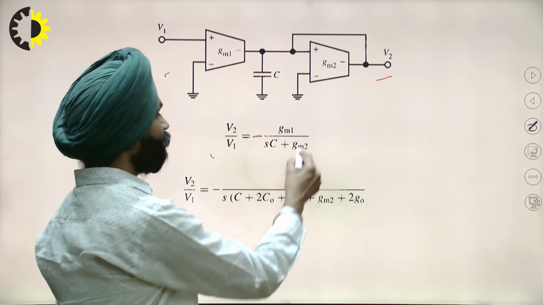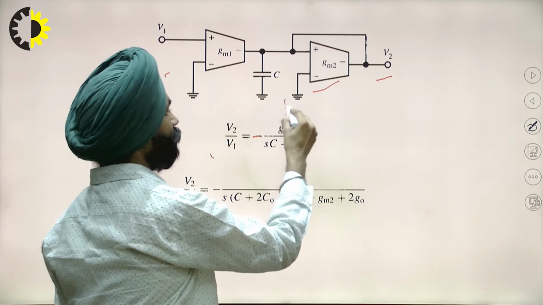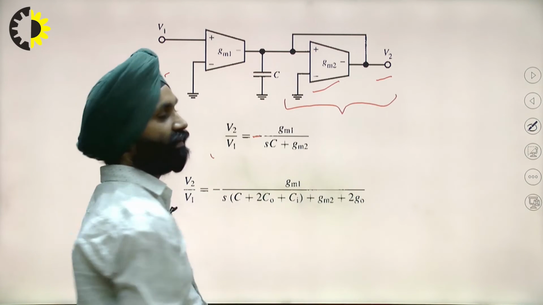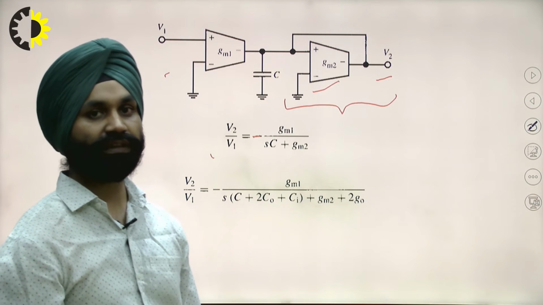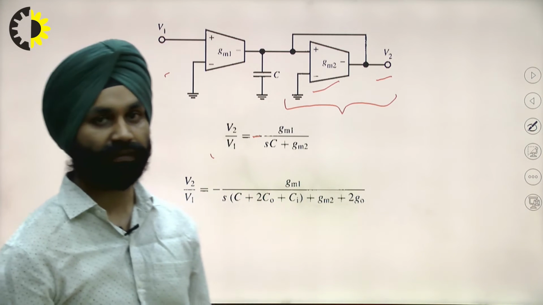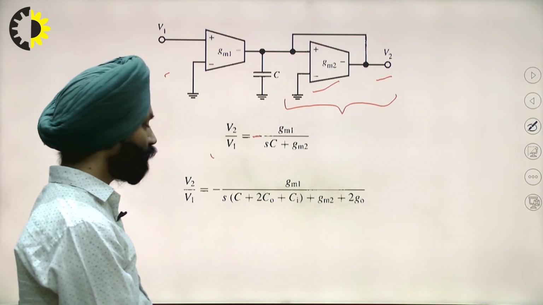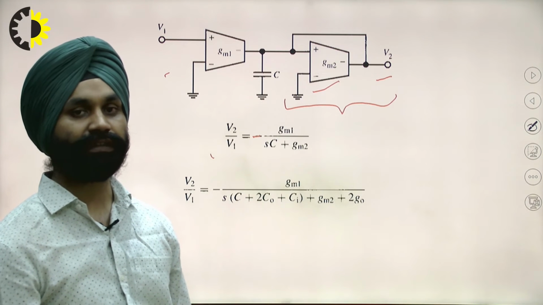And we have seen that 1 by Gm2 will be the resistance of this resistor. So if we see the total resistance, the total capacitor will be the output capacitor in parallel with the input internal resistances and capacitor.